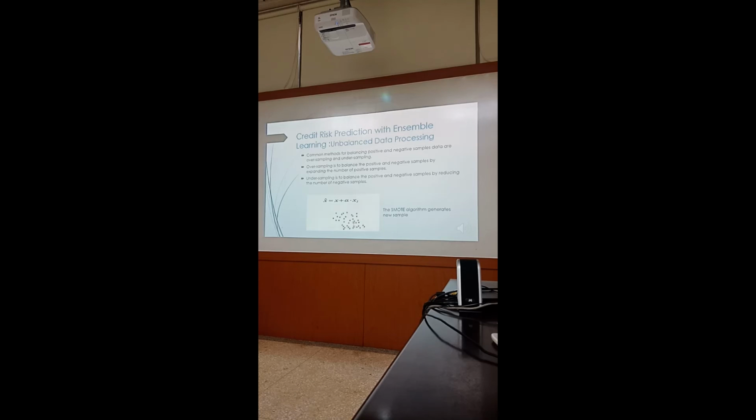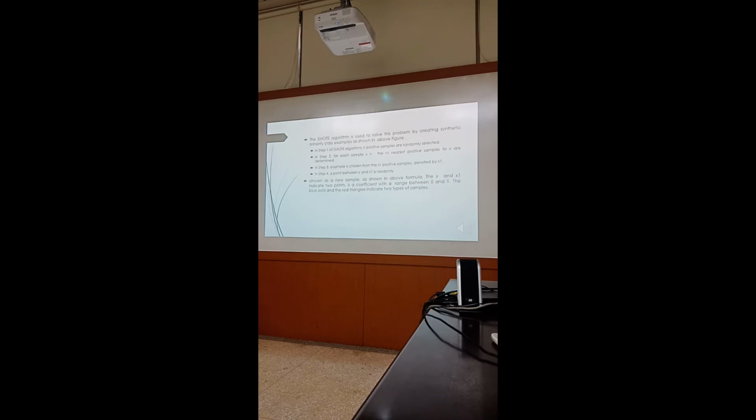Undersampling balances them by reducing the number of negative samples. In the graph, they use the SMOTE algorithm, which generates new samples where x_new is equal to x plus alpha times (x1 minus x). I will explain the steps on the next slide.